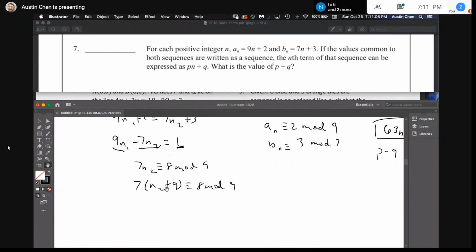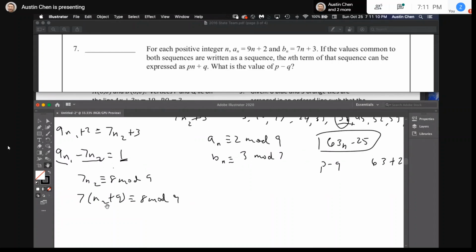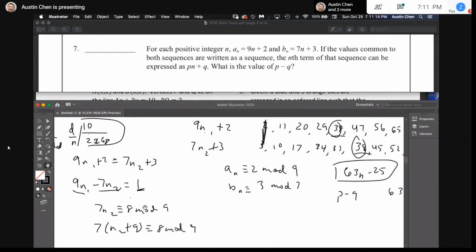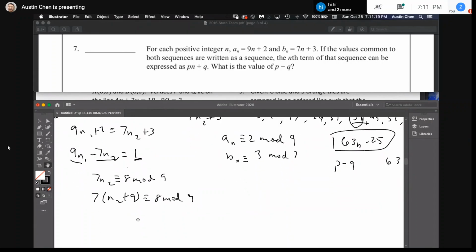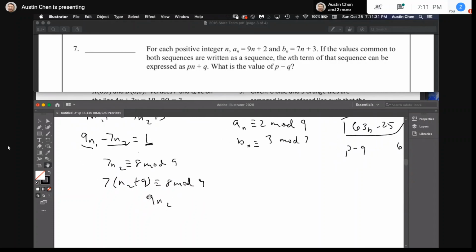So we have a sequence of n2s that work, and it's going to be 9 times something, right? And if we just test some initial values of that, then we should be able to get the constant value.